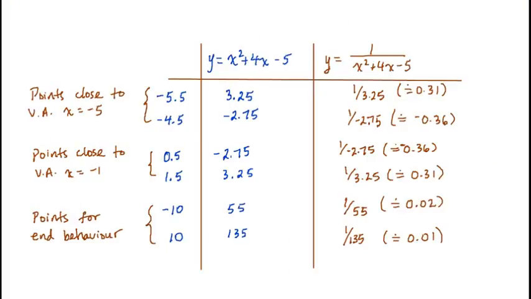For a little more accuracy, you can take some points close on either side of each vertical asymptote. I've taken negative 5.5 and negative 4.5, plug them into the parabola function, take the reciprocal of the point, and then I will have points for my reciprocal graph. Don't forget to take a couple of points here for the end behavior within the bounds of your scale.